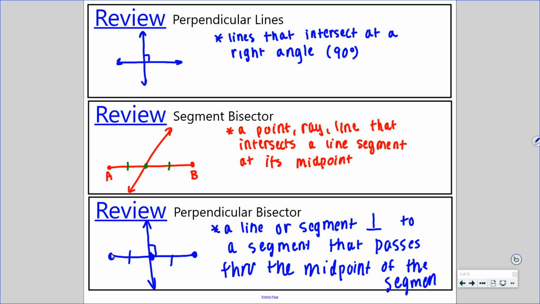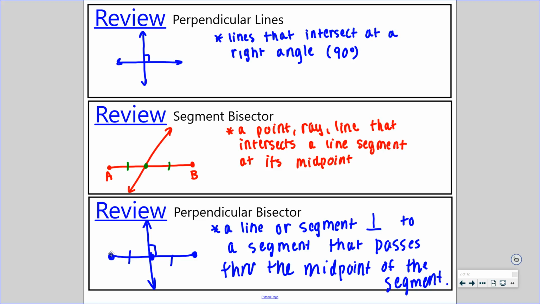Okay. So today, our first theorem is called the perpendicular bisector theorem. You don't have to write all that down. If you can draw a picture and you know what that means, that's fine. That's just a little refresher.